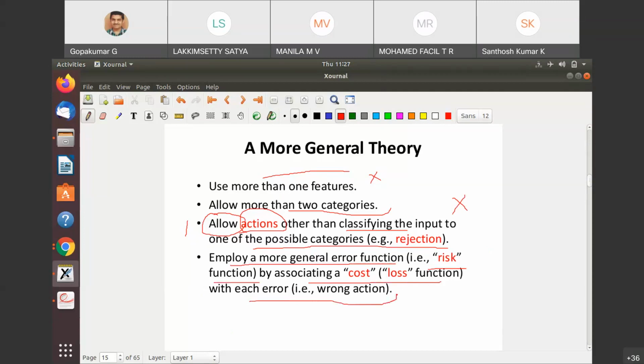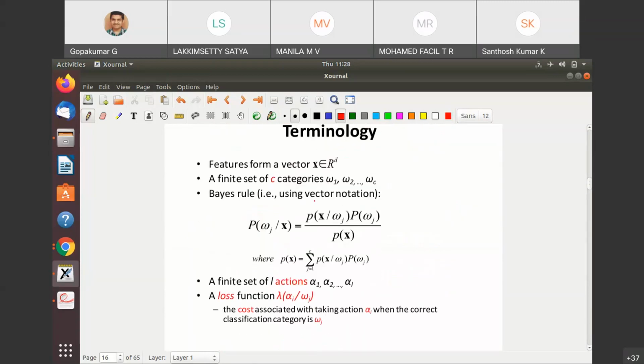That means for each wrong action that we take, we can define a cost or loss. These are some of the ways in which we can generalize it, so that it can be applied to any specific case or any general case. We will discuss them one by one.